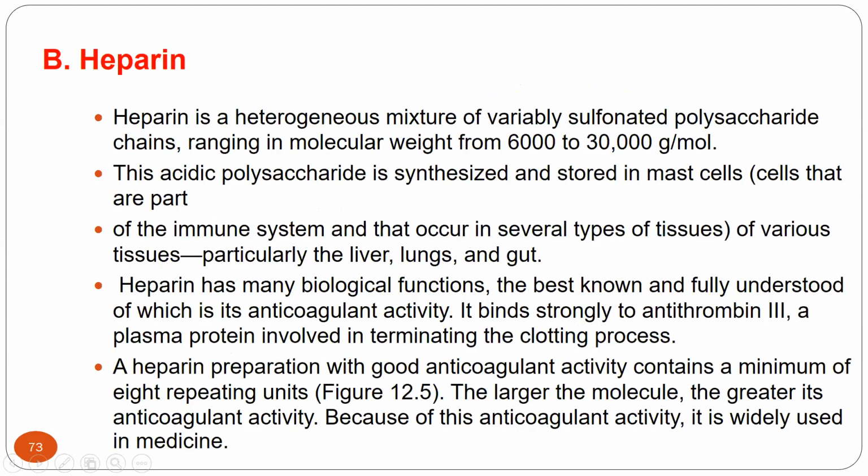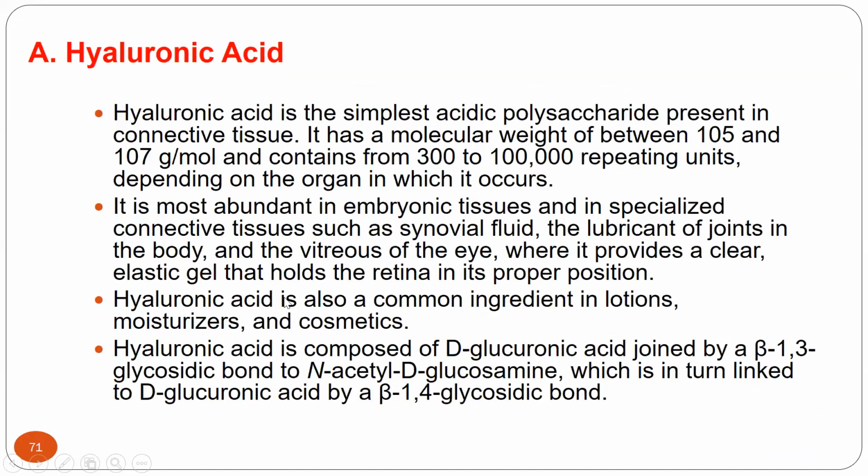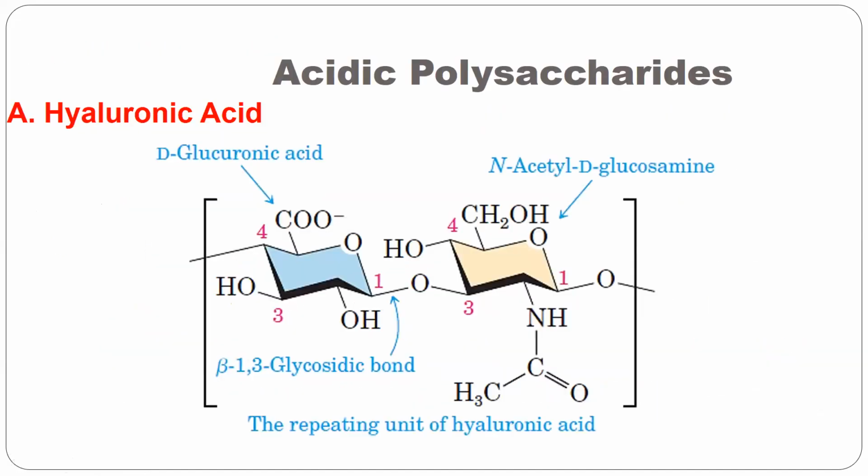Okay, what else? You can have carbon 1, 2, 3, 4, and then you have your COO minus, and this is your glucuronic acid.